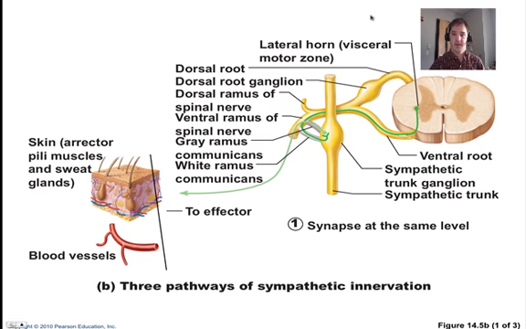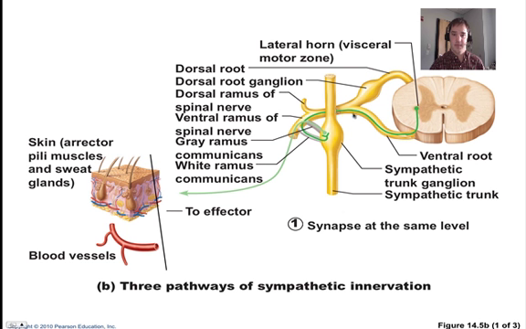So here's a picture of that lateral horn, to put things in perspective. These are motor fibers, so they come out the ventral side, and we've got our ventral root, our spinal nerve.